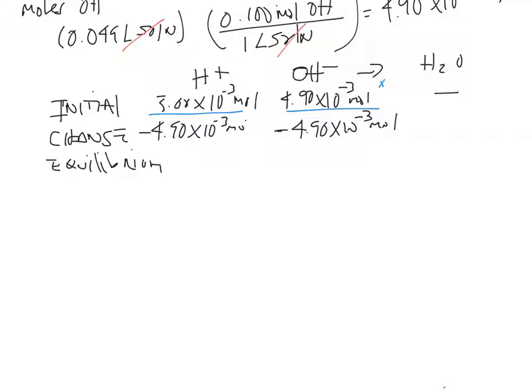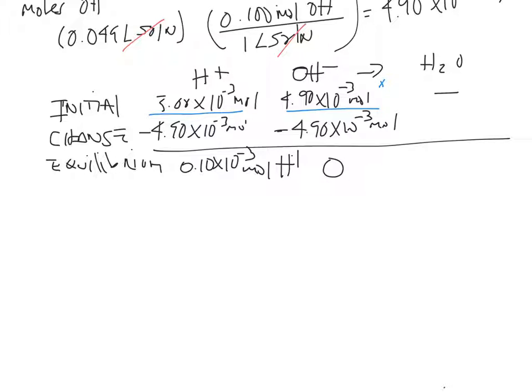Okay, so now at equilibrium, that means that there are 0 moles of OH and there are 0.10 times 10 to the minus 3 moles of H positive.